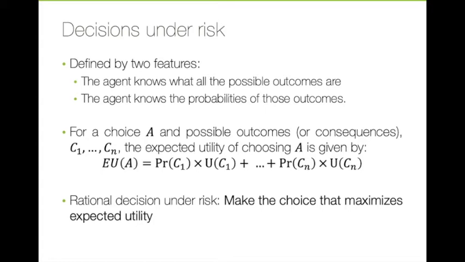So when we know the probabilities of the outcomes as well as their utilities for us, we can then calculate the expected utility of a choice based on the utilities and probabilities of the outcomes of that choice. And we determined that the rational decision to make under risk is the choice that maximizes expected utility. This will be important to remember coming up.